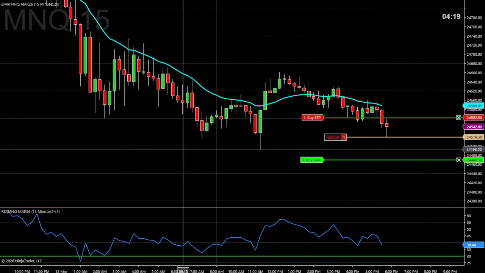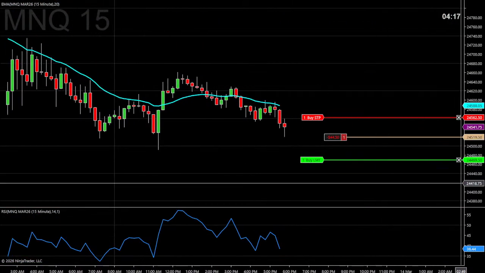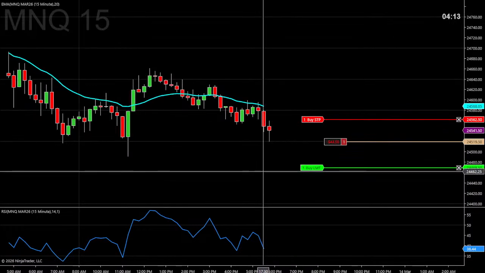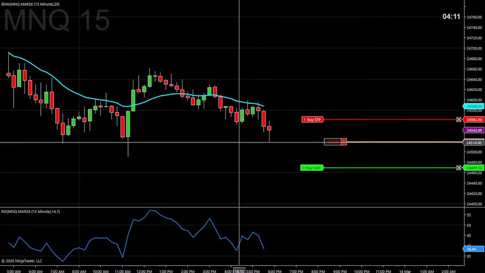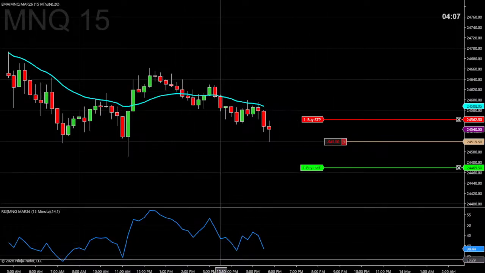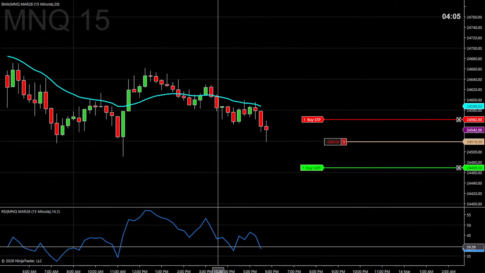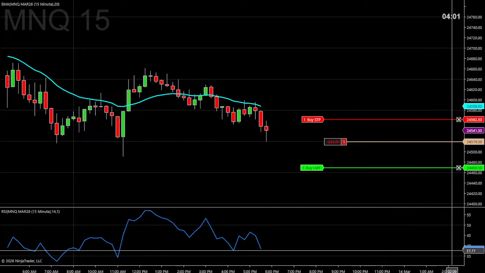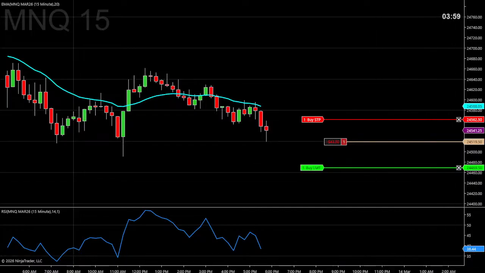So like I said, I actually don't like going short right now. I'm looking for better conditions. I'm just going short because this is a downtrend. There's bearish history, but everything else is telling you we're about to go up. That's at least my interpretation.